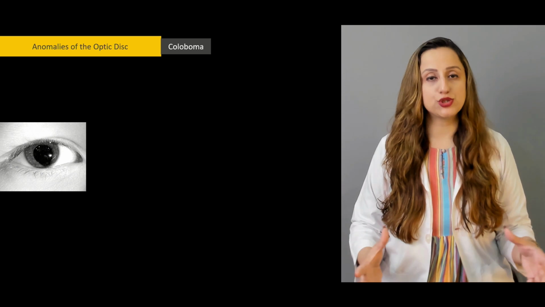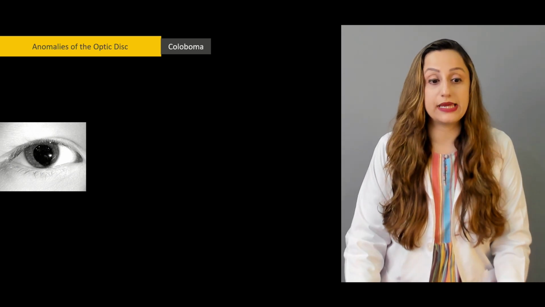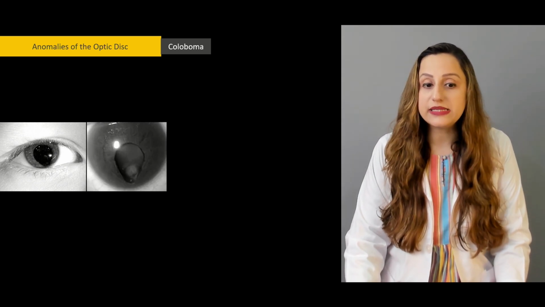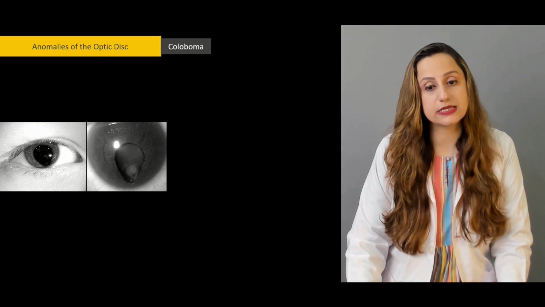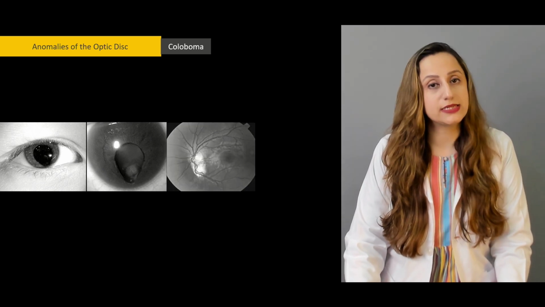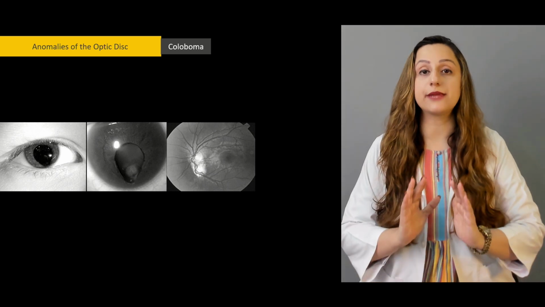As I've already mentioned, this coloboma can occur in the iris. As you can see over here, it's a ring defect in the iris in this individual. It can be the lens that is affected in a lot of cases. It can be the retina in a lot of cases, and particularly it can be the optic disc.